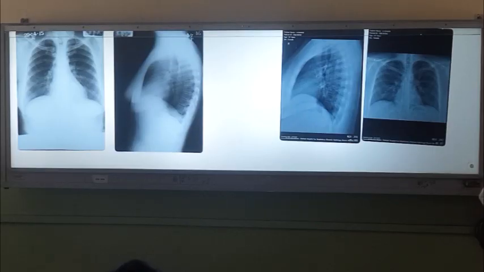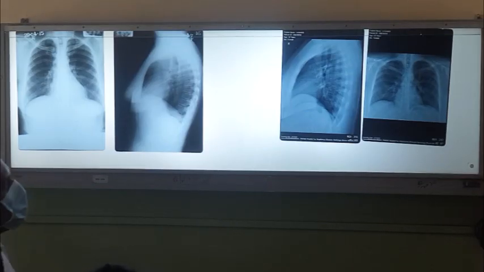Then whenever you want to do an X-ray at some other site, for example a knee joint X-ray in a patient with knee joint swelling, there is always an indication for a chest X-ray. Say there is a patient with headache and you are doing a skull X-ray or CT scan of the brain, there is an indication for a chest X-ray because the primary pathology may be in the chest. If the patient is having backache, the primary malignancy or TB may be in the lungs.